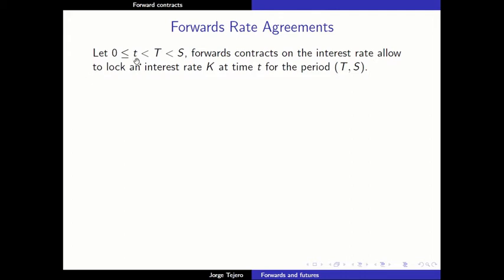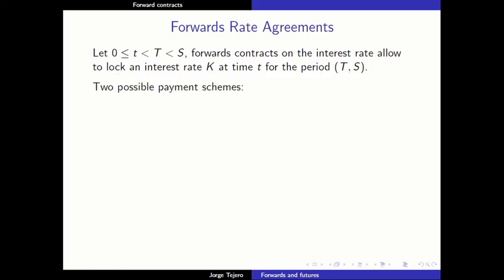We are going to have some point in time t, which is when we enter into the contract, and then we are going to have two other points in time, denoted by capital T and capital S, which denote the start and the end of the period for which we are buying this interest rate. Okay, so at some initial date little t we are locking in some interest rate for some future period which goes from capital T to capital S. And the interest rate that we are locking in, we are going to denote by capital K.